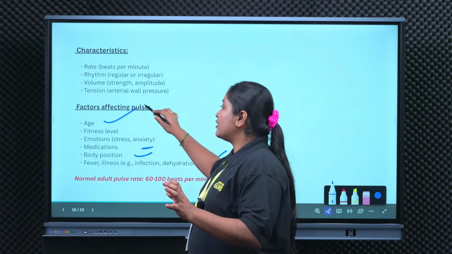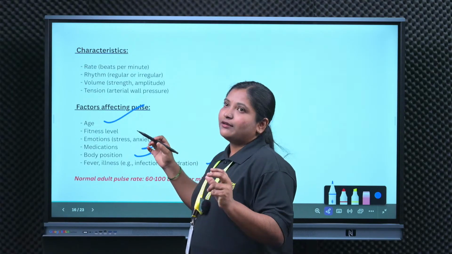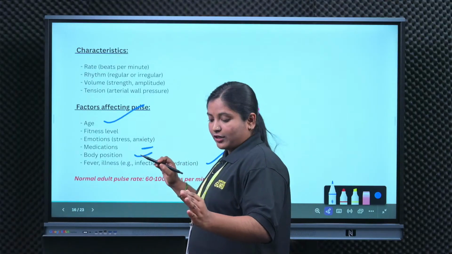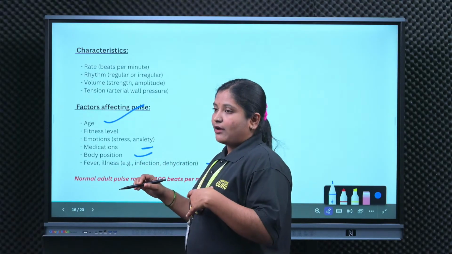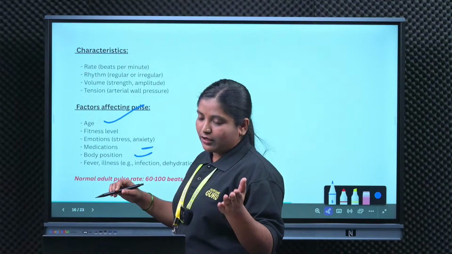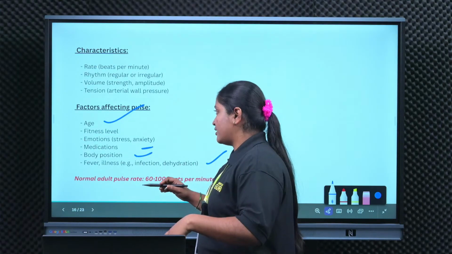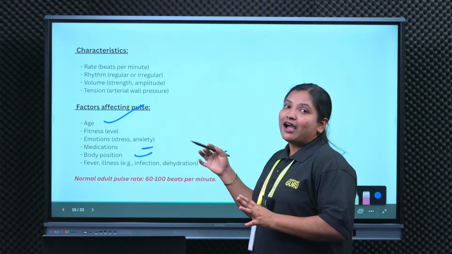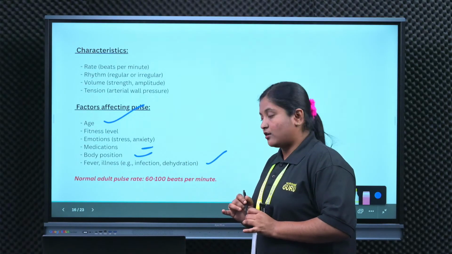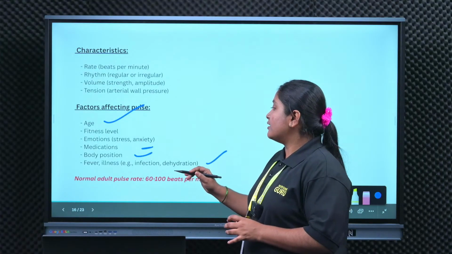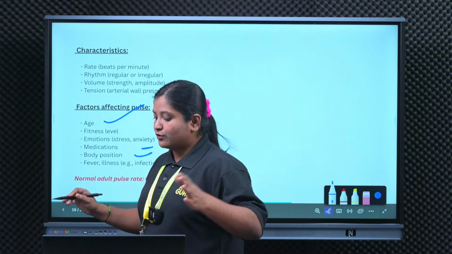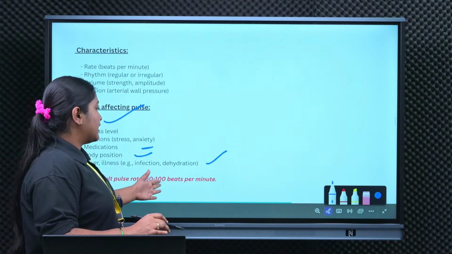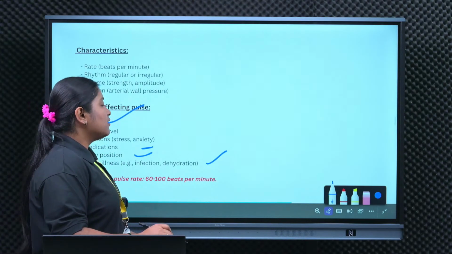Older people have a slight deviation, and babies have a higher pulse rate compared to a normal adult. Certain factors like this affect the pulse rate. The normal adult pulse rate, I told you to comment it down. If you are commenting, that is well and good, otherwise you should know it is 60 to 100 beats per minute.